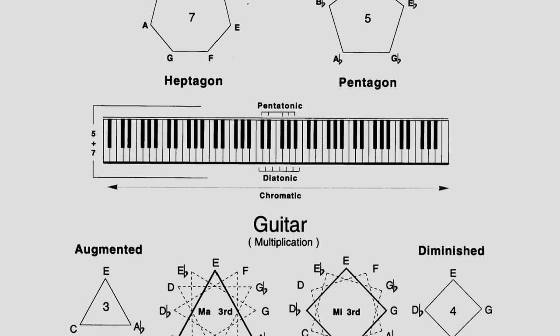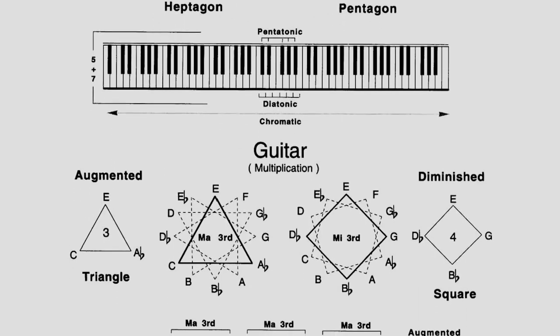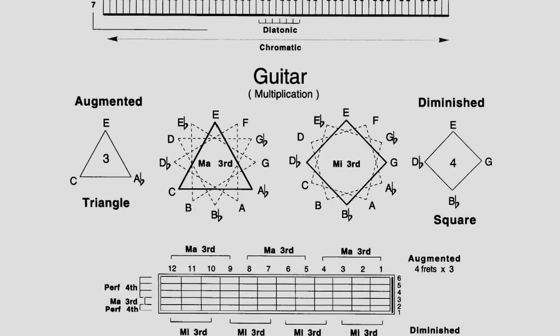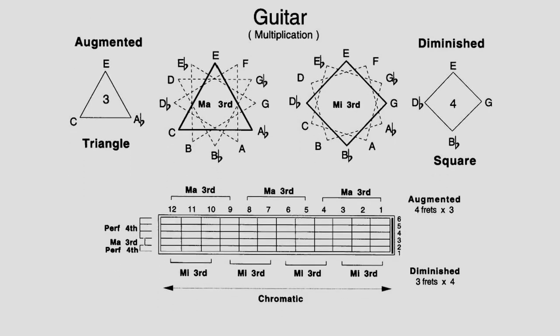7 plus 5 compared to 3 times 4, they share one thing in common. That's the word automatic. On the piano, it's automatic that the white keys are a C major scale, these.